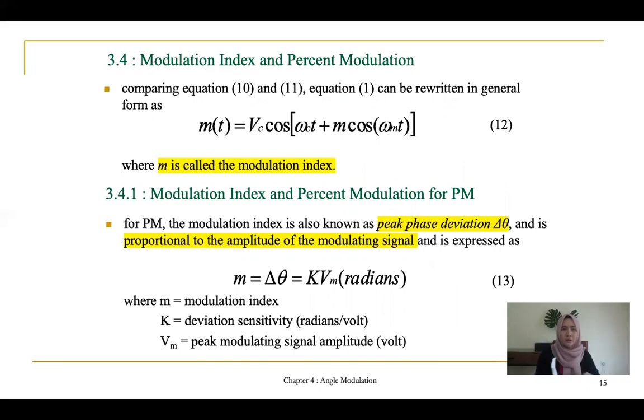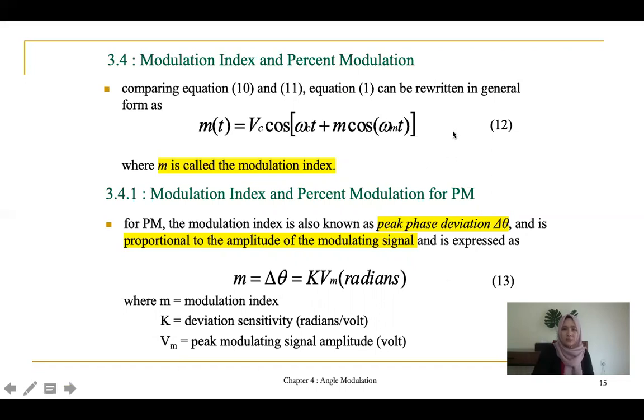The last part we have is the modulation index and percent modulation. Same as amplitude modulation, angle modulation also has modulation index and percent modulation. However, the modulation index and percent modulation are different for frequency modulation and phase modulation.